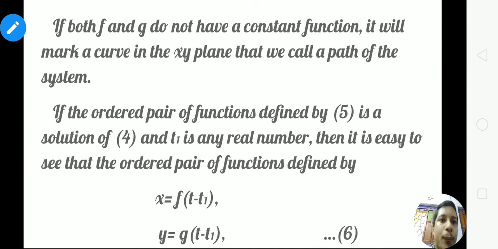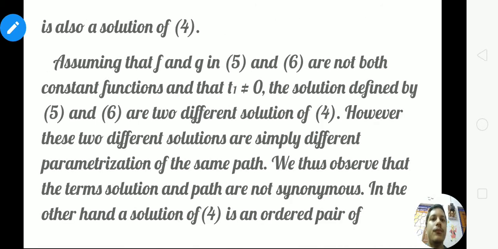If the ordered pair of functions defined by 5 is a solution of 4 and t1 is any real number, then it is easy to see that the ordered pair of functions defined by x = f(t - t1), y = g(t - t1), equation 6, is also a solution of 4.